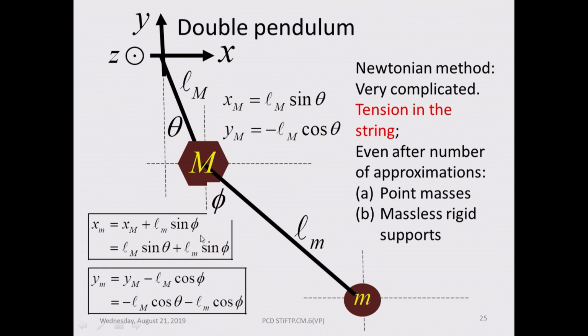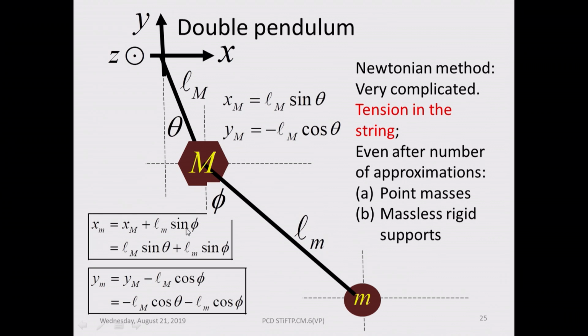So this is the coordinate frame of reference, and you can write the coordinates of the capital M mass and then the lowercase mass, which is the smaller mass if you wish. They are given by similar expressions, but they are moved from this point, rather than from that point. So the x and y coordinates of this mass have to be added to get the coordinates of this. So that's the addition which has been done over here. So it is x_M plus L_m sin phi and y_M minus L_m cos phi.